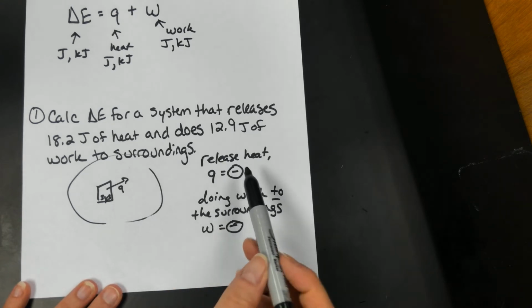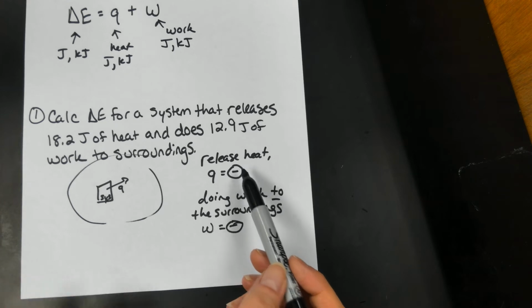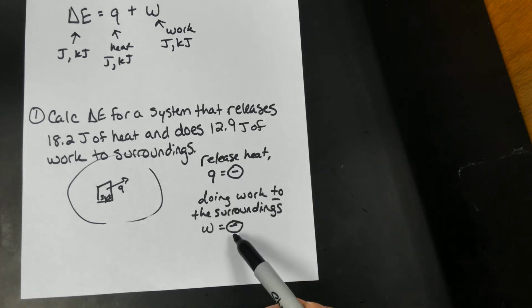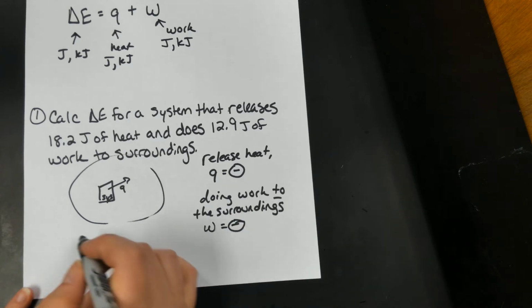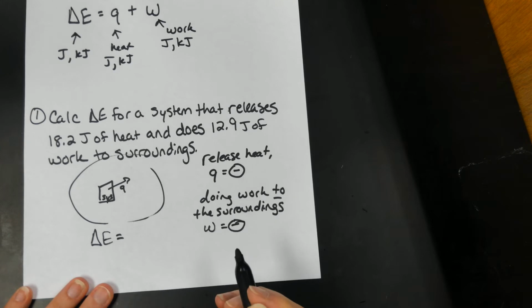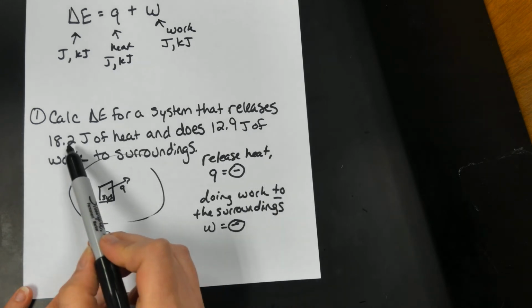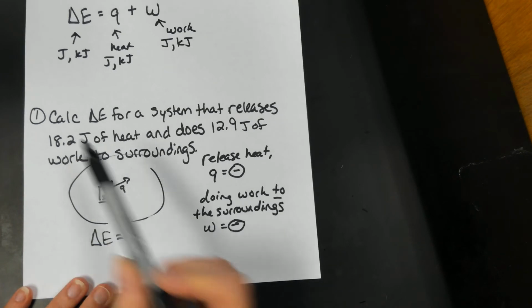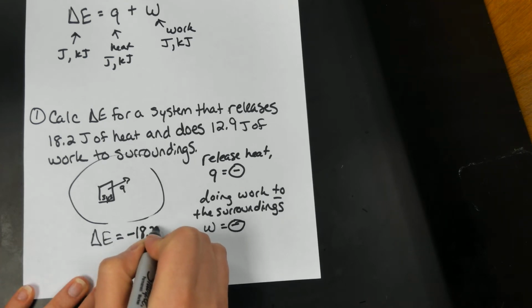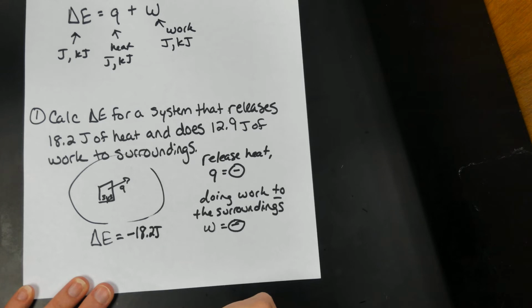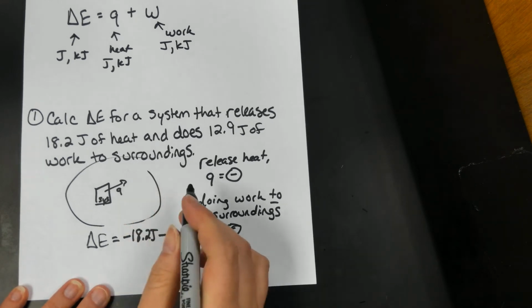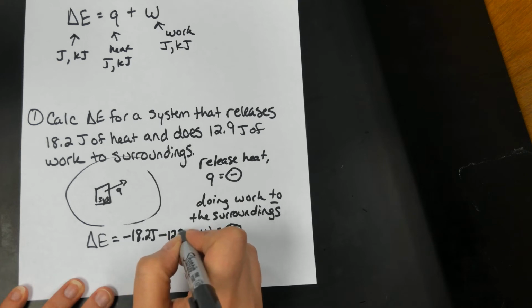So the first thing that you have to do is you have to define if your Q is negative or positive and your W is negative or positive, and then we plug them in. So delta E is going to equal, and since we determined that my heat is negative, it's going to be negative 18.2 joules, minus my 12.9 joules.